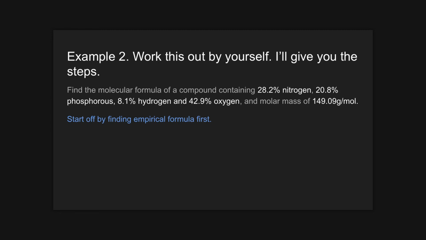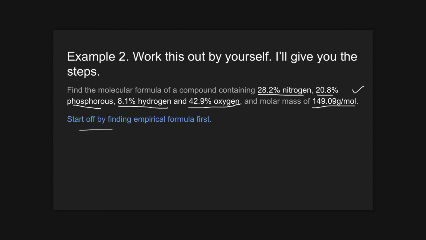In this example, I've given you that you have 28.2% nitrogen, 20.8% phosphorus, 8.1% hydrogen, and 42.9% oxygen, and its molar mass is 149.09 grams per mole. Remember, this is always given.